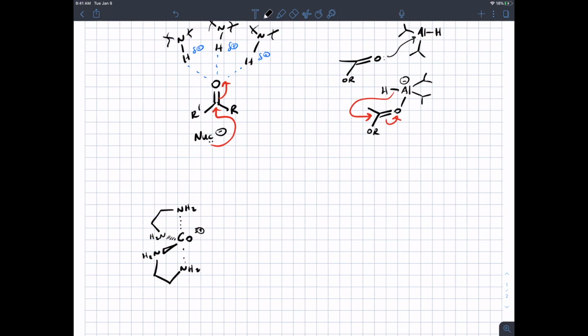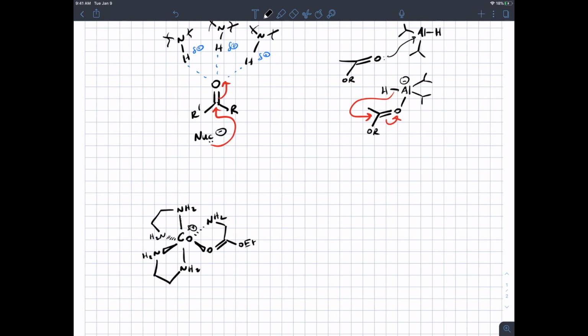All right, so here's a cobalt complex, and it can accelerate the hydrolysis of amino esters. So here is the carbonyl of an ester, and here is the amino group, which can, I'll just draw a line so we're not confused.